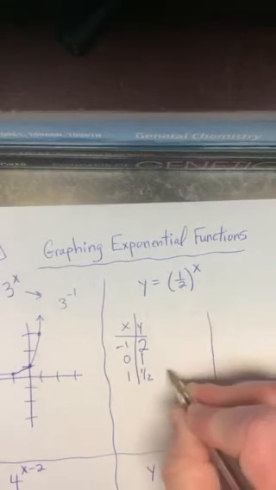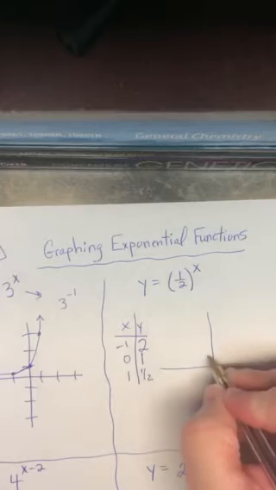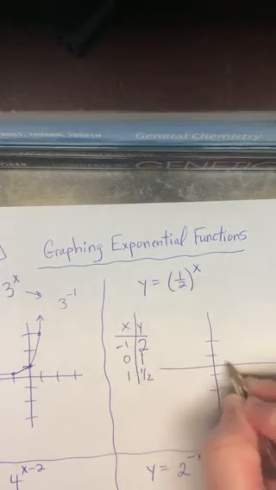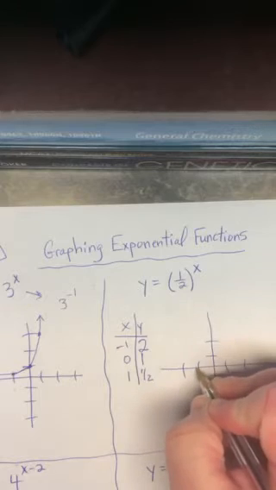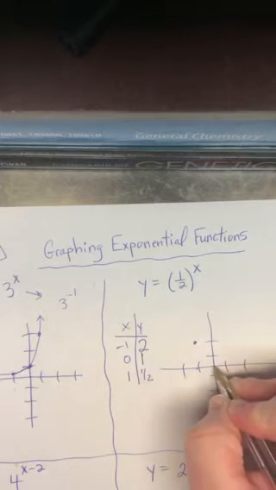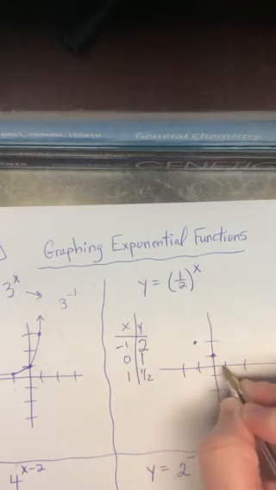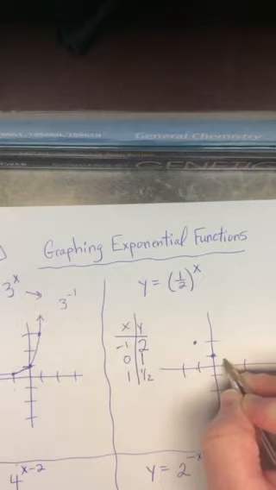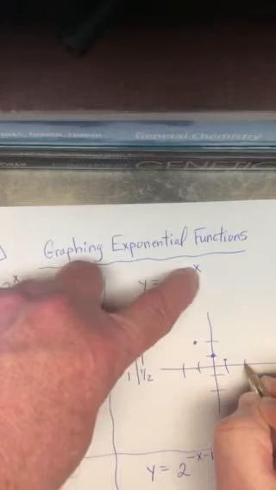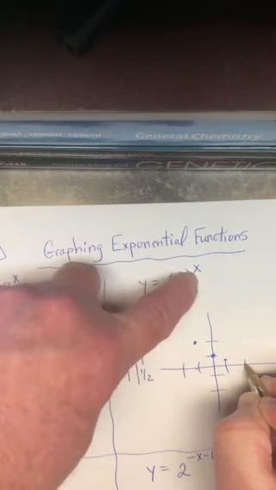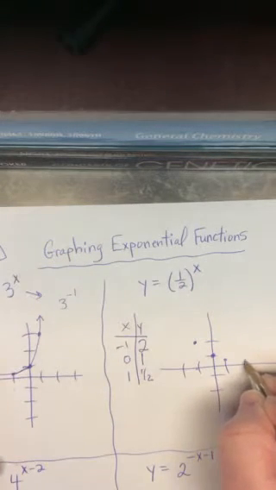So guys, on my picture this time, let's just go a couple in each direction. Nice and neat here. We're going to go left 1 and up 2, right 0 and up 1, right 1, but only up 1/2. If I would have gone 2 and plugged a 2 in, wouldn't 1/2 squared be 1/2 times 1/2, which would be up 1/4?